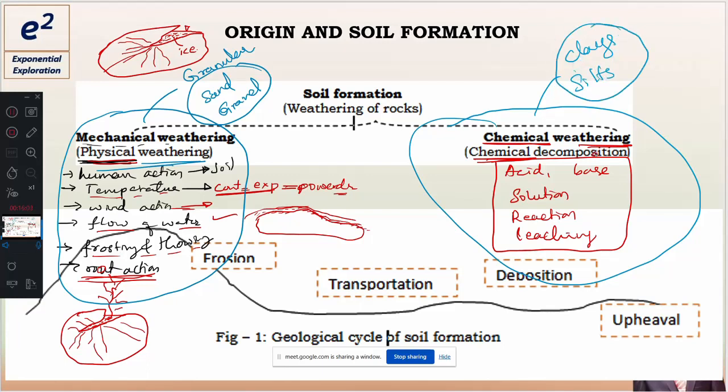Clays and silts are coming out of the chemical decomposition or chemical weathering, and sands and gravels are coming out of the physical weathering or mechanical weathering. This is a very important question. Many times it is asked. Granular structure or fine structures, these are the main things that you should know, how they are originated.